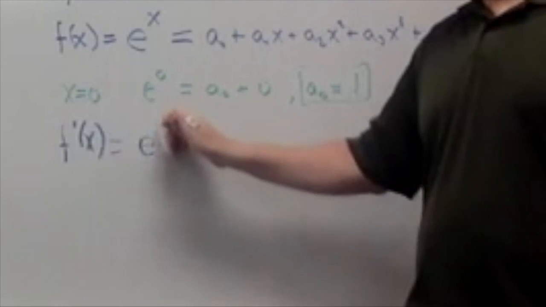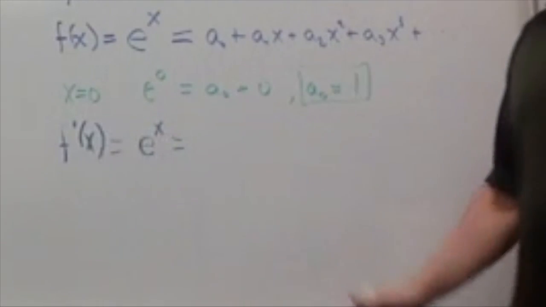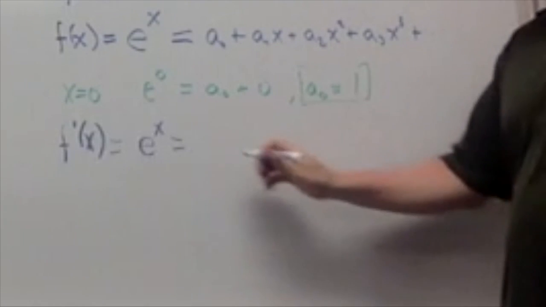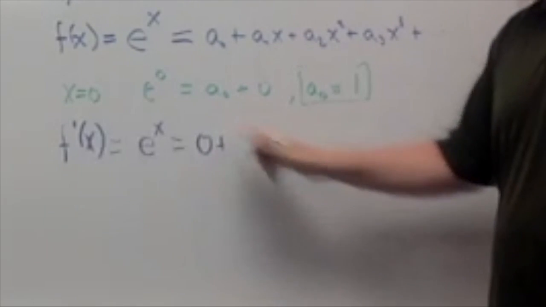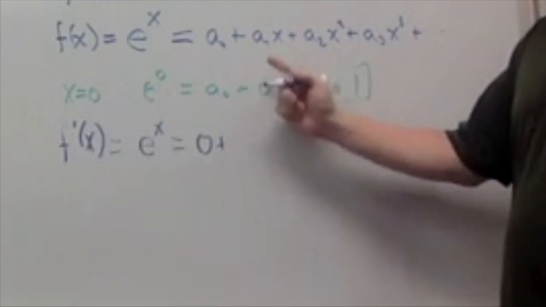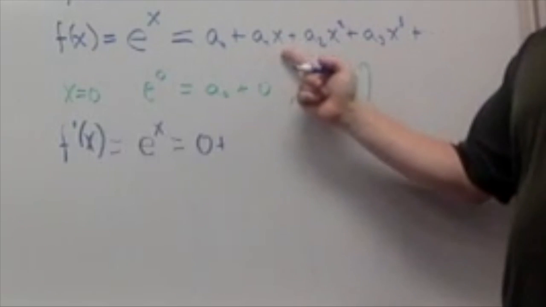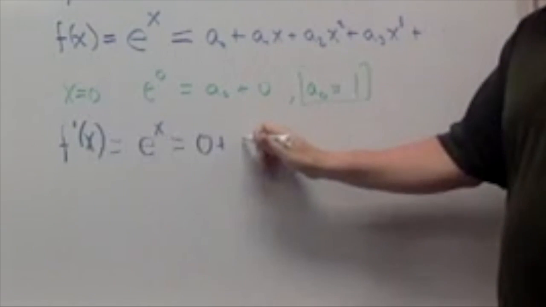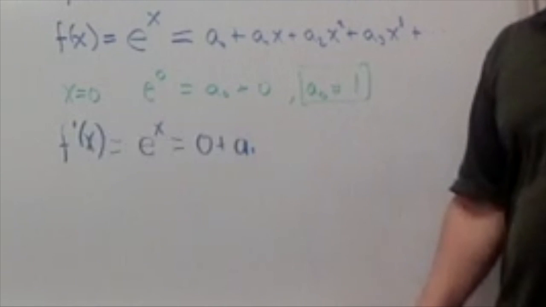But the derivative of a0, which I now know is 1, would be 0. The next term is a constant times x, so the derivative ends up being a1.